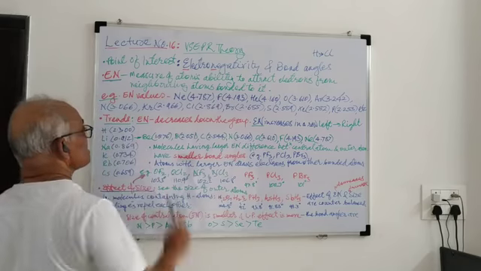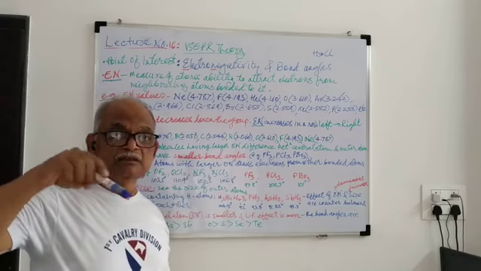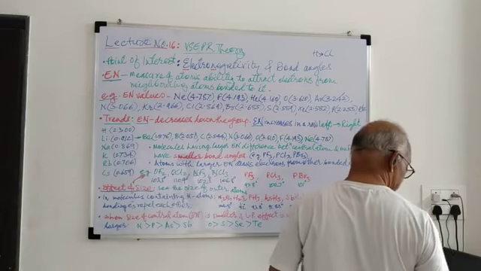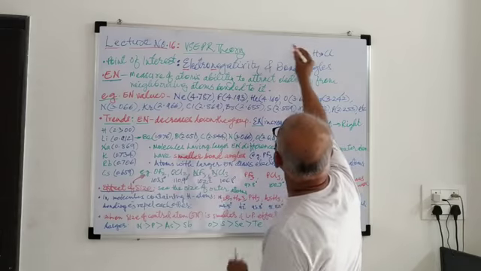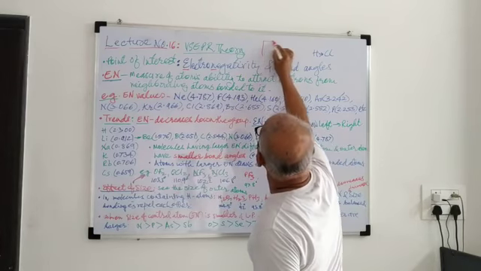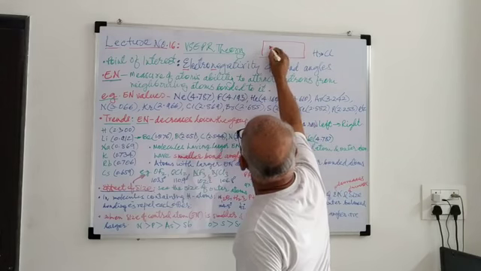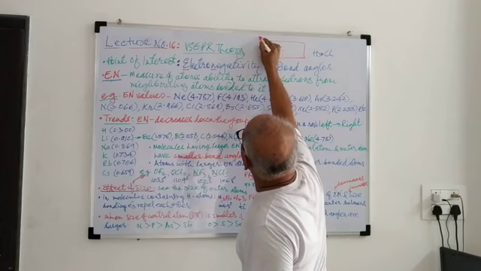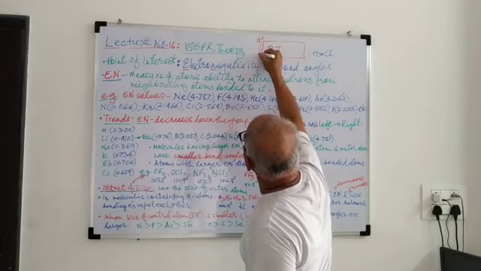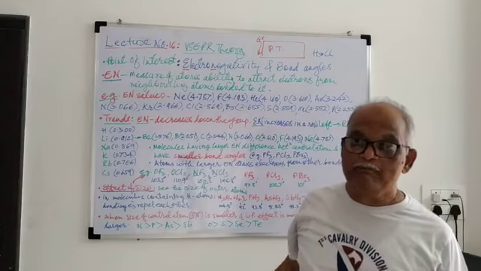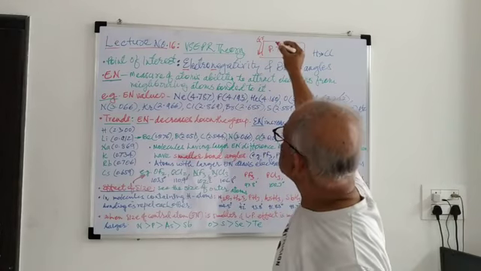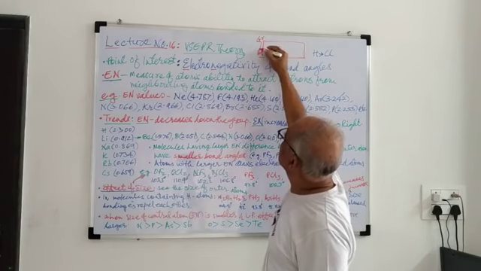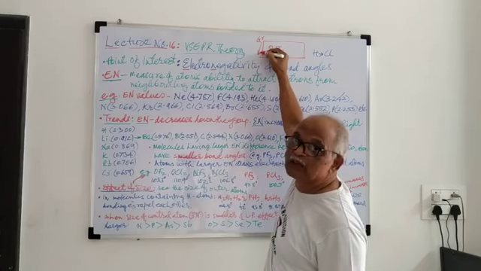Trends are observed in the periodic table. We can show the periodic table here in small form. Say this is our periodic table. In the groups, the electronegativities are highest at the top and they decrease as we move downward.